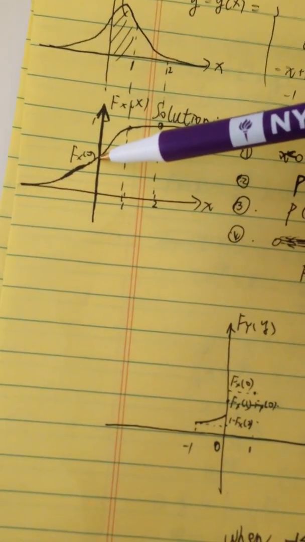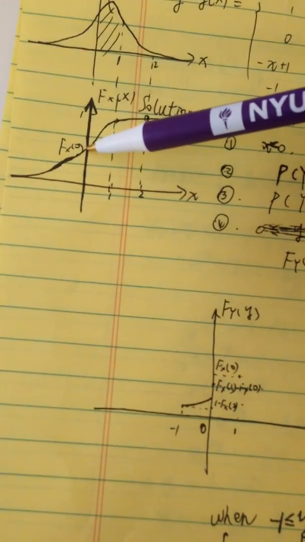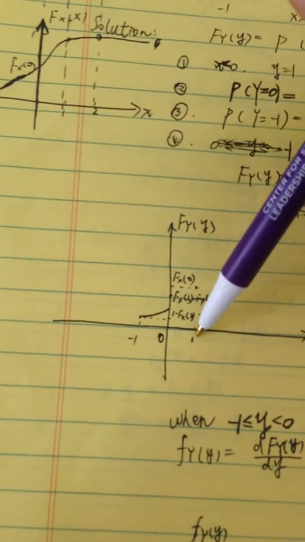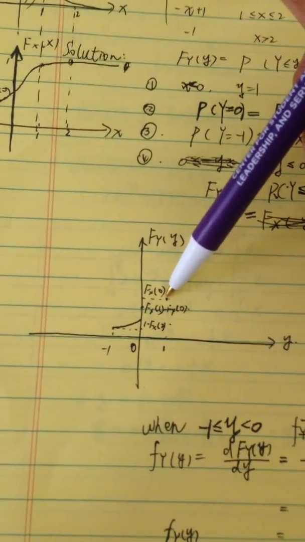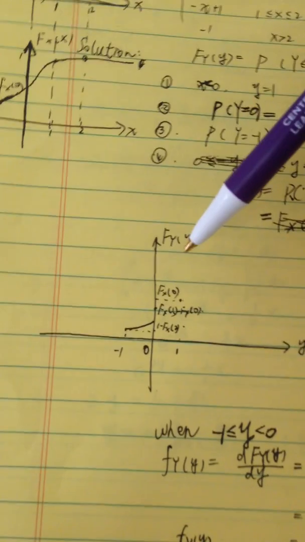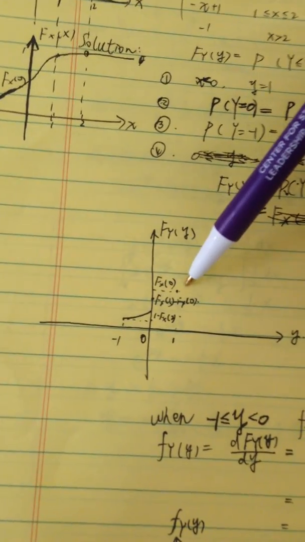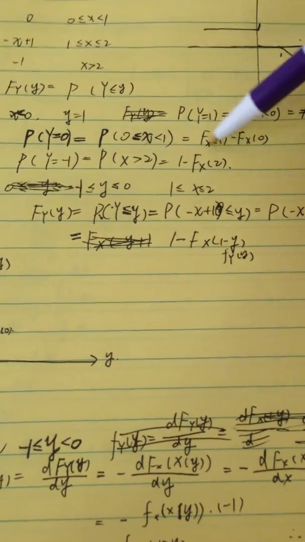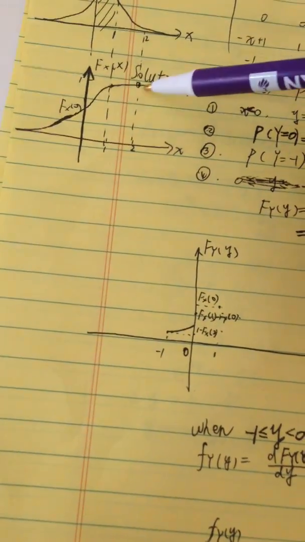We can assume that this point is FX(0), so we put it here. When x equals 1, then the distribution function of Y equals FX(0) like this. And when y equals 0, it is like this. Similarly, we put these two points.